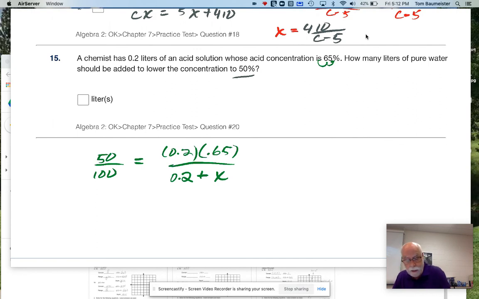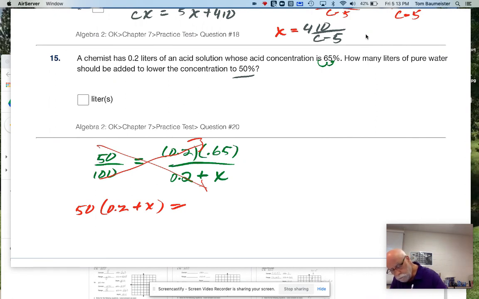Now it looks just like the one that we did our example on. So we're going to take our cross products here. So I have 50 times 2/10 plus x is equal to, and I'm going to take 100 times 2/10 times 0.65.